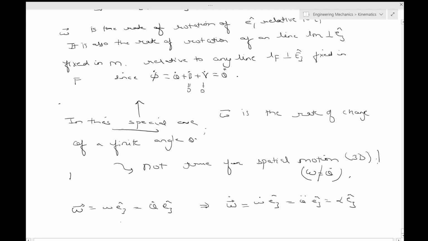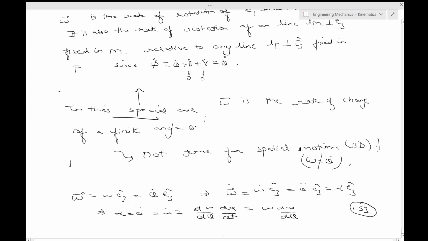This implies that alpha is equal to theta double dot is equal to omega dot, it is equal to d omega by d theta times d theta by dt. This is equal to omega into d omega by d theta. This is equation 1.53, because d theta by dt is actually omega.